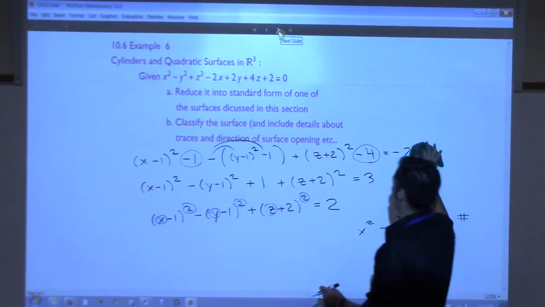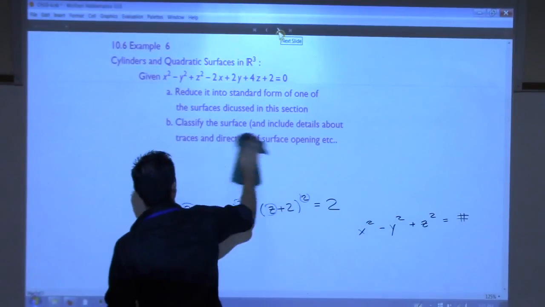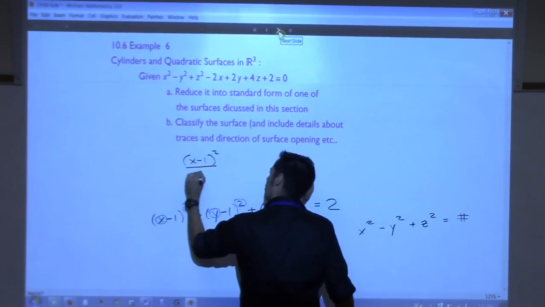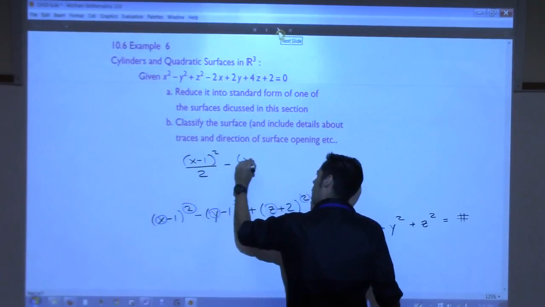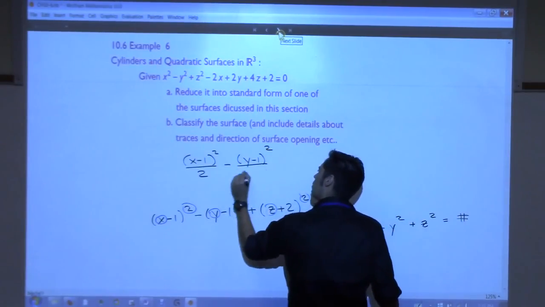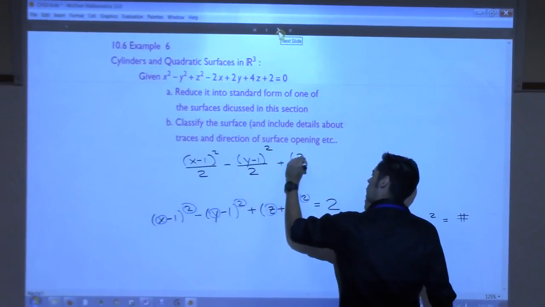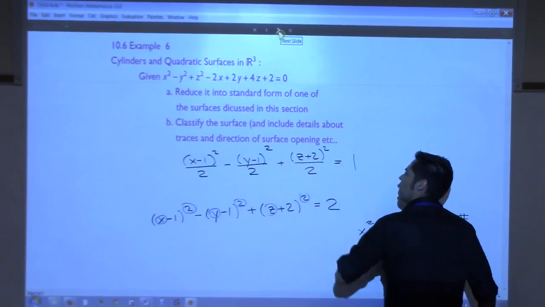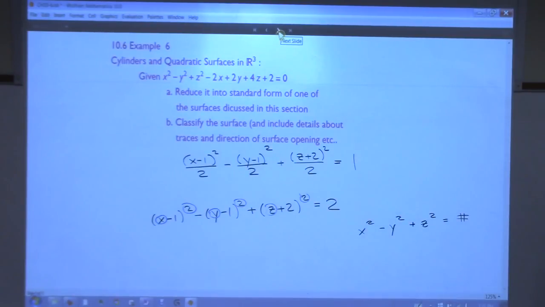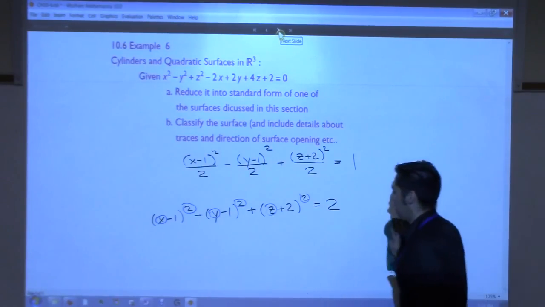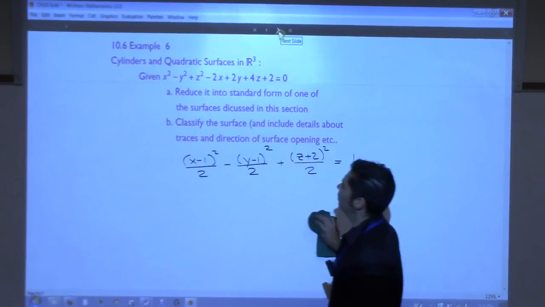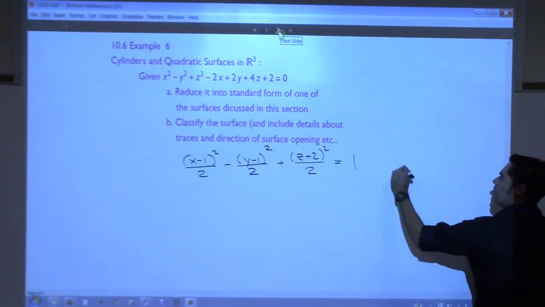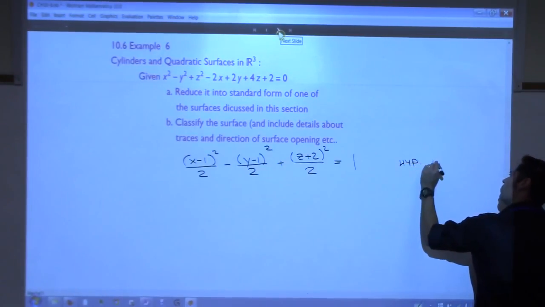I'm working with this right here. Divide everything by 2. So you get x minus 1 squared over 2 minus y minus 1 squared over 2, and then plus z plus 2 squared over 2 equals 1. I do agree. This looks like a hyperboloid one sheet.